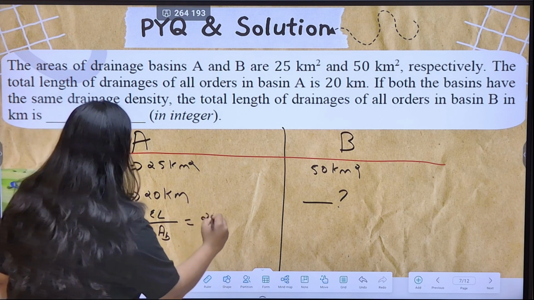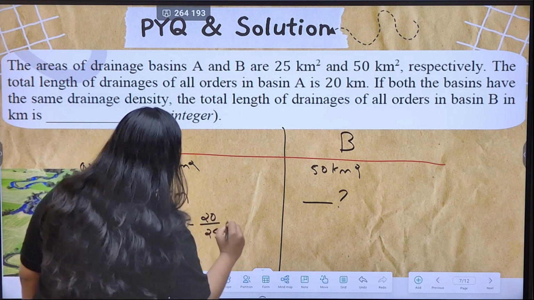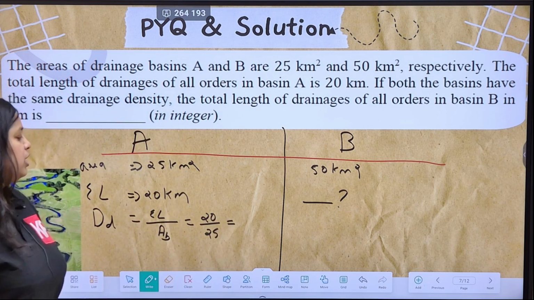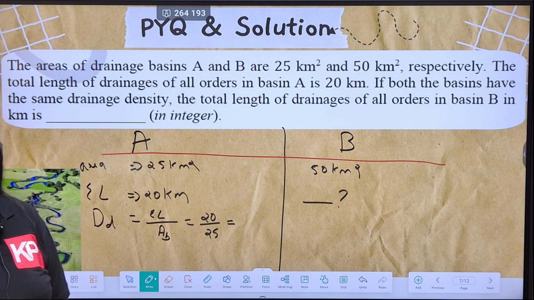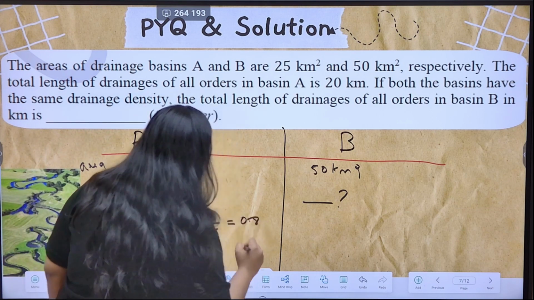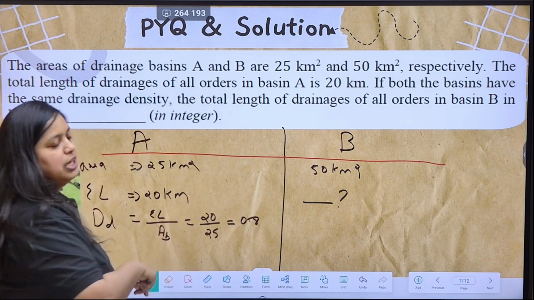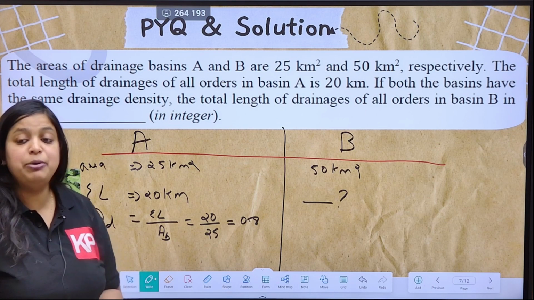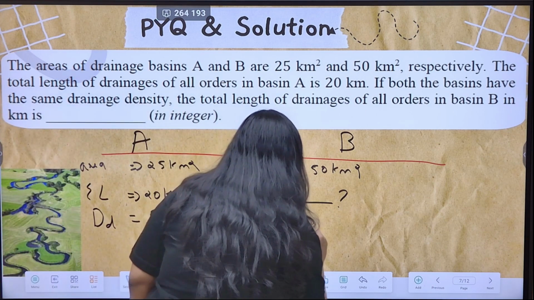So here it will be 20 kilometer divided by 25 kilometer square, which is equal to 0.8. Both basins have the same drainage density, so here also it will be 0.8.